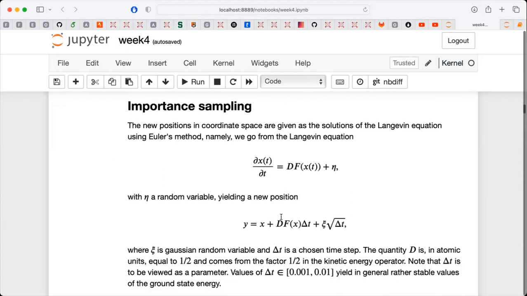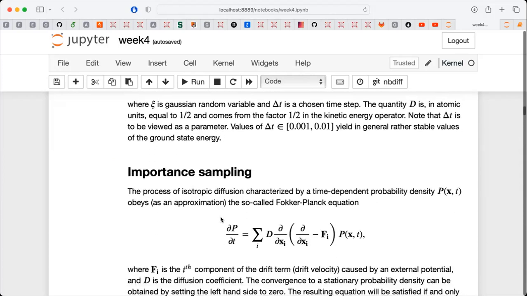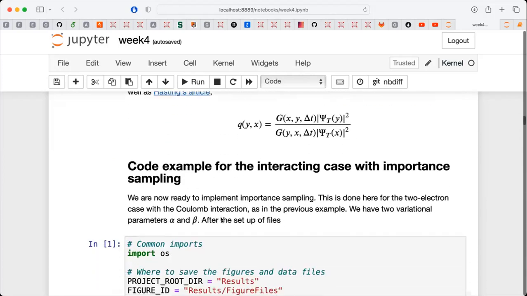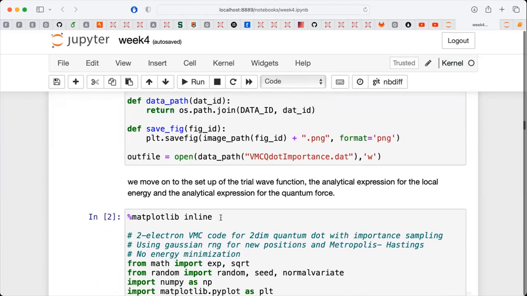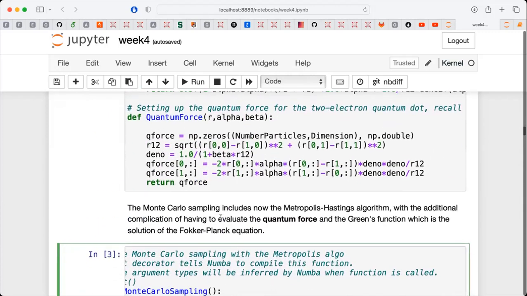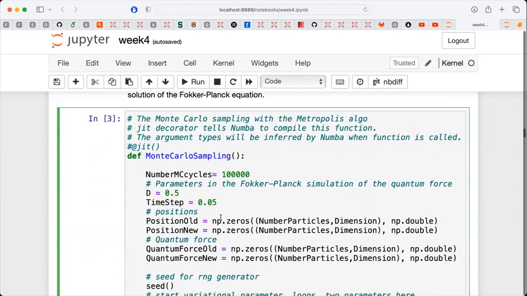I define an initial position given by this normal distribution times the square root of delta t. Then in the next step I add this term in order to find the next position, and that's where I need the so-called quantum force. That's an element we have to code.